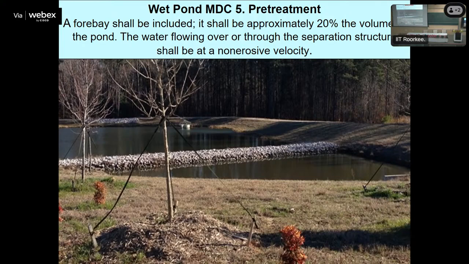Why do you even bother with a forebay? Why don't you just let it go in the pond? It's going to fall out in the pond anyway. There's a reason. The reason is if you keep having sediment fall out, eventually it has to be removed, maintained.